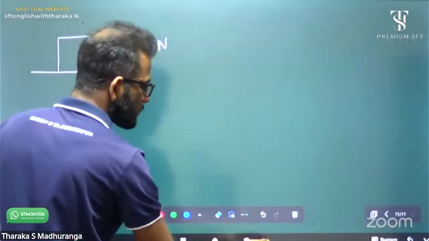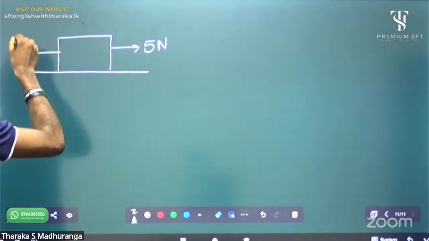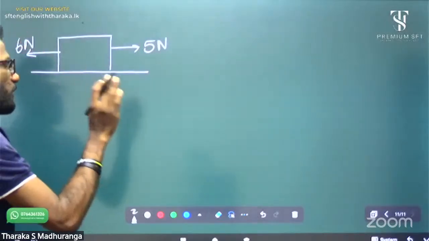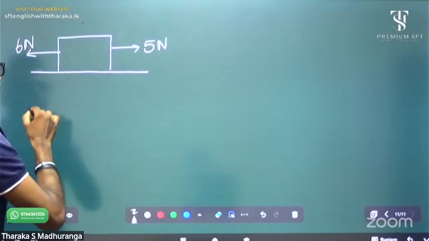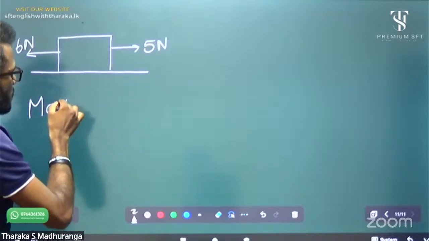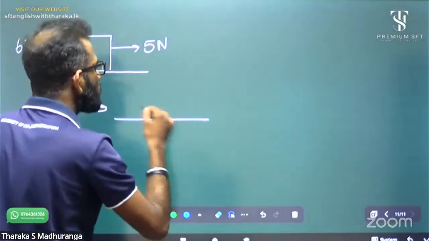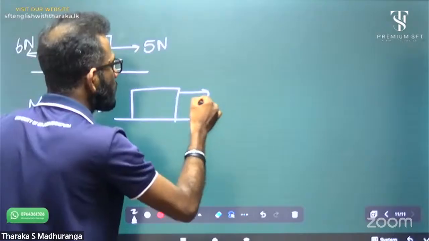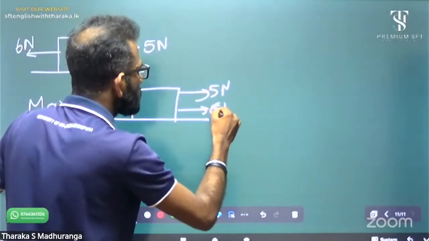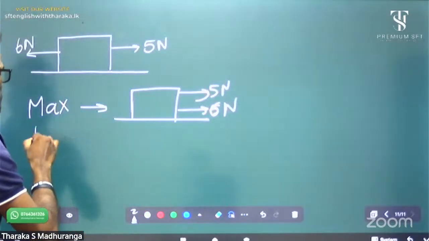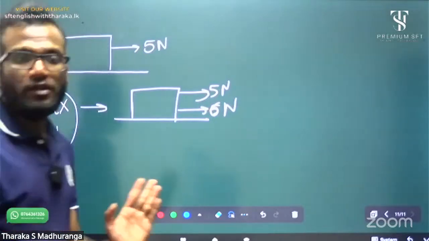Remember, maximum resultant force by these two forces is while they act towards the same direction. Then what is the resultant force? Maximum resultant force, remember, it is 11 Newton.